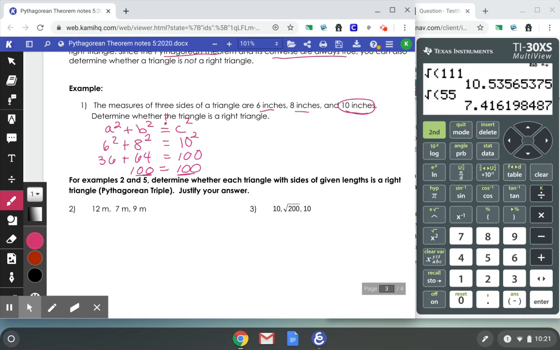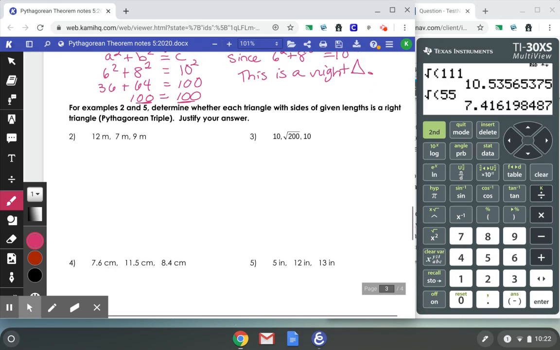So that means that this is a right triangle, because it worked with the Pythagorean theorem. Those measures ended up working out. So since 6 squared plus 8 squared equals 10 squared, this is a right triangle.